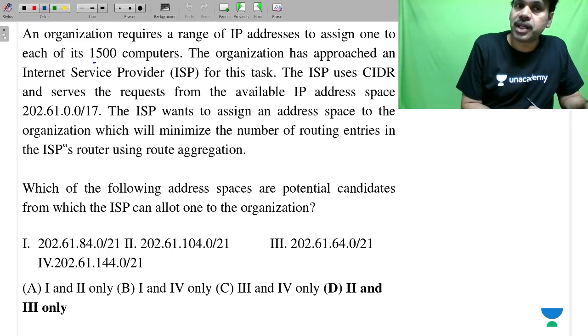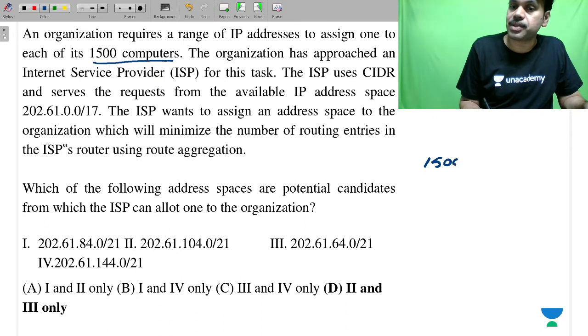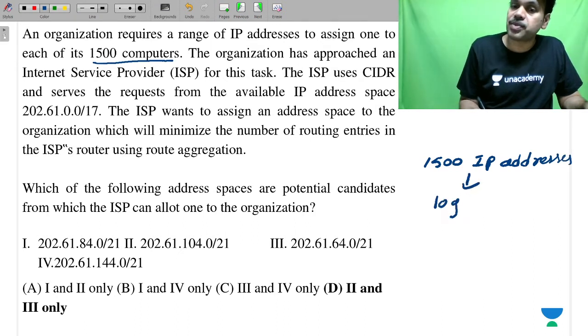So 1500 computers I need. That means 1500 IP addresses. You want 1500 IP addresses, means log base 2 of 1500.